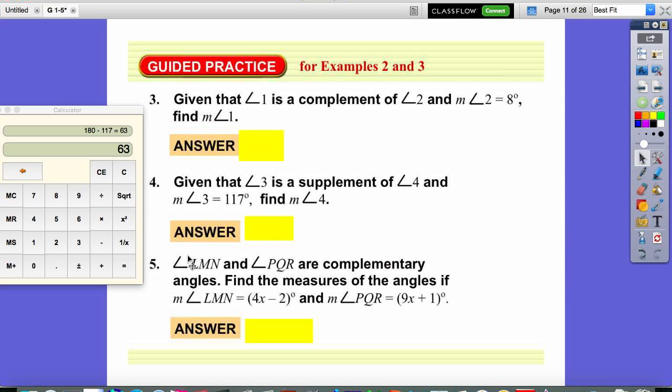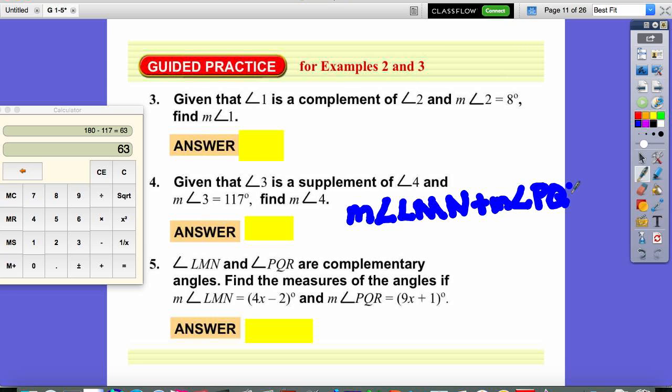Now the measure of angle LMN and angle PQR are complementary angles. So the measure of angle LMN plus the measure of angle PQR equals 90 degrees.